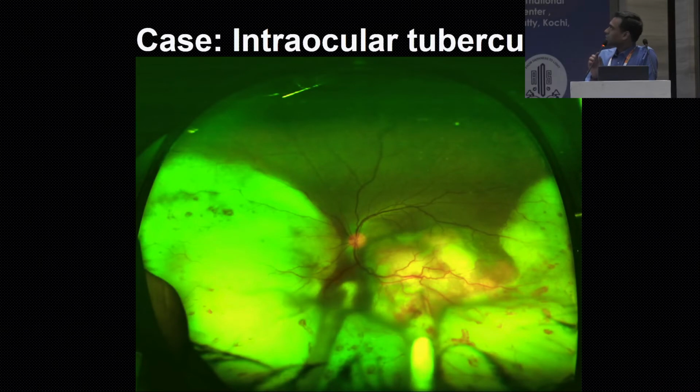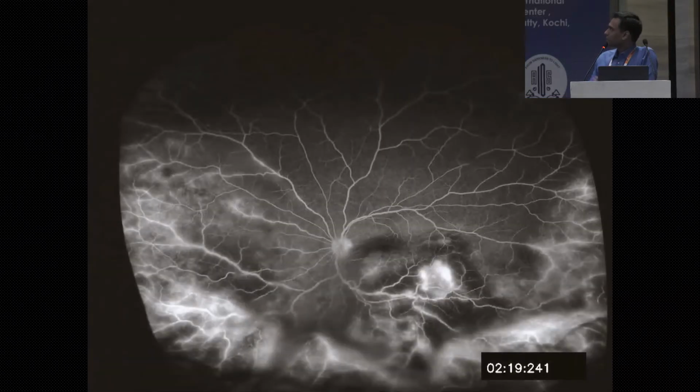This is another case of intraocular tuberculosis, a case of subretinal tubercular abscess, and this is a simple fundus photograph. Based on this image and what we see on indirect ophthalmoscopy, we might miss out on a lot of things. However, if we do a fundus fluorescein angiogram, there is so much more that is revealed in the vasculature.